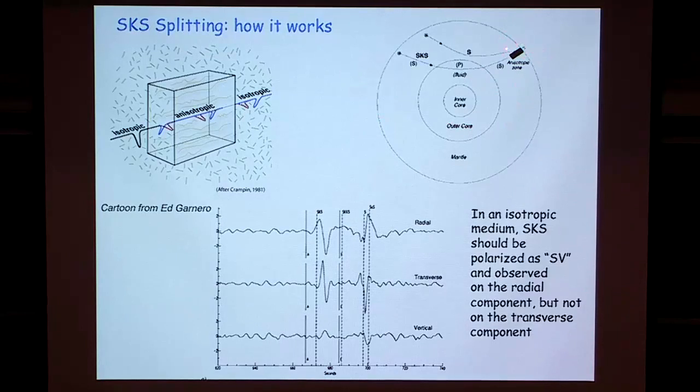However, if you have observations coming from many different directions at a given station, and if they are coherent in the way that you have the dependence of azimuth, then it is most likely that the anisotropy originates in the part of the path where all these waves are sampling the same region, which is the upper mantle, where they are practically vertical. It's also, of course, helped by the fact that there is not much observation of shear wave anisotropy in the lower mantle, so we don't have to worry about that part of the mantle too much.